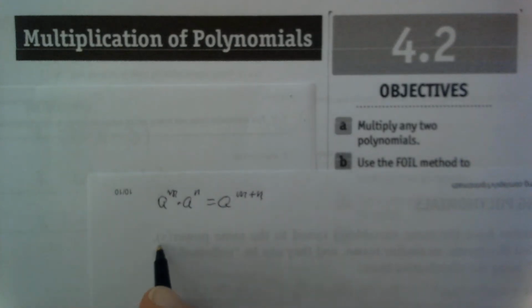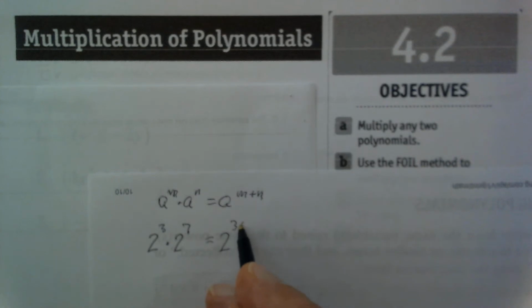For example, 2 to the third power times 2 to the 7th power, the bases are the same, the exponents are different, is 2 to the 3 plus 7, or 2 to the 10th power, whatever that is, 1024.